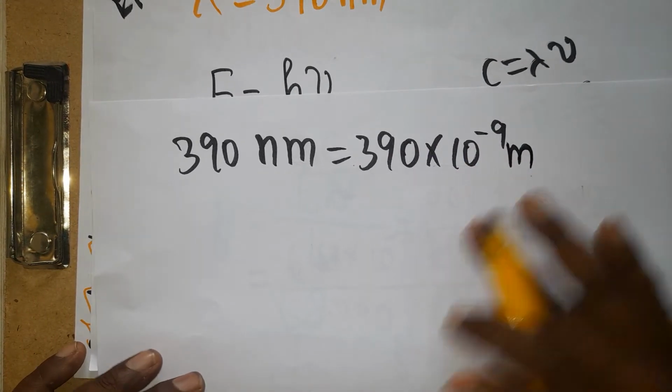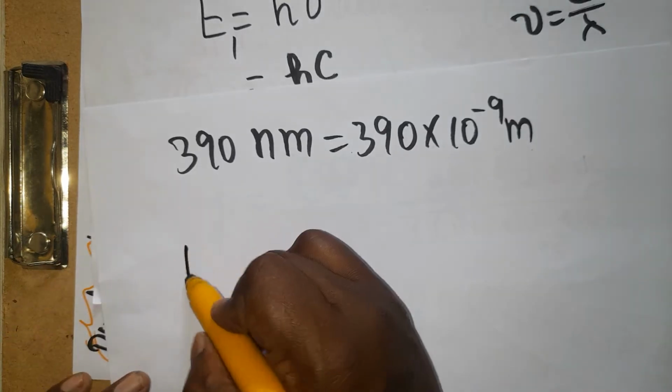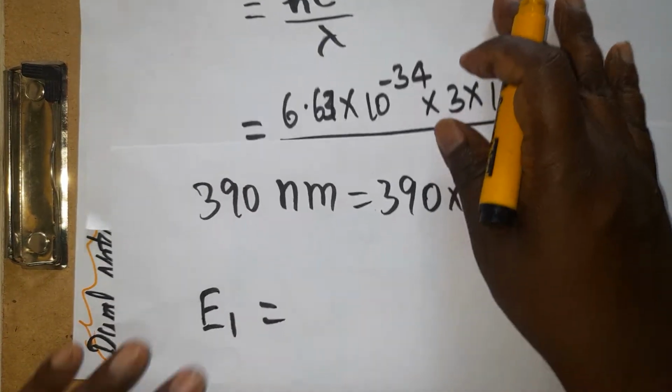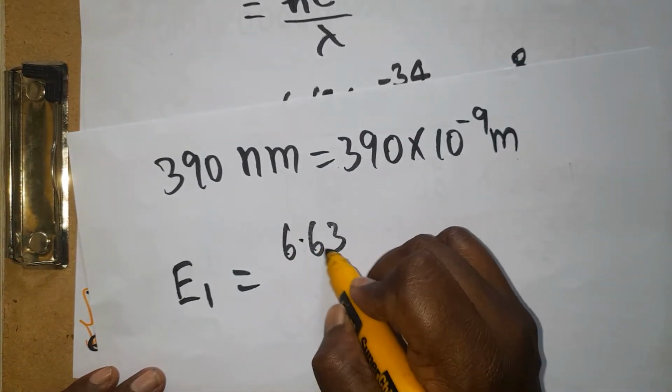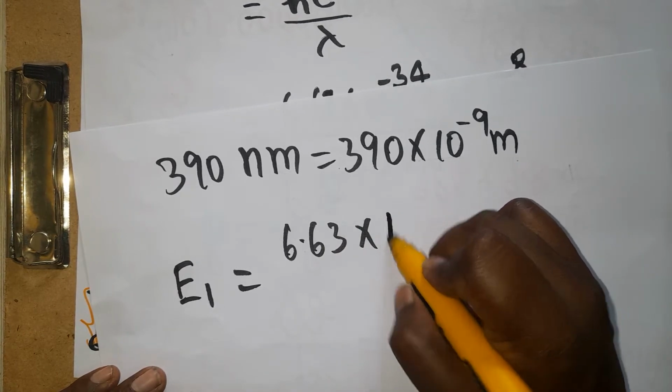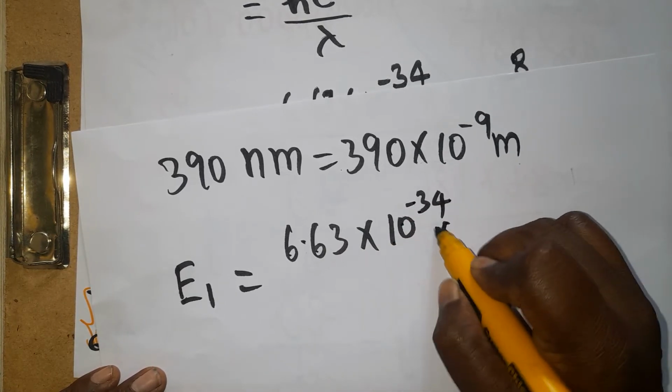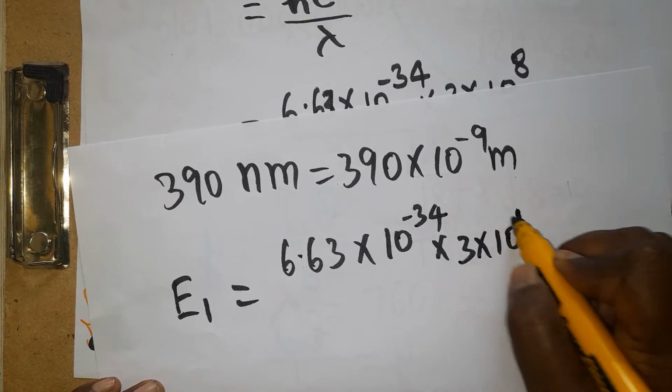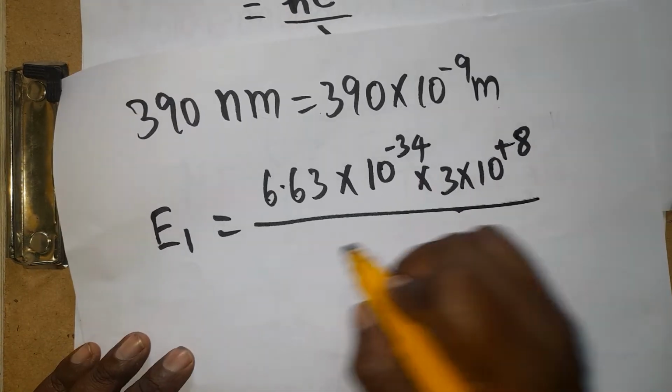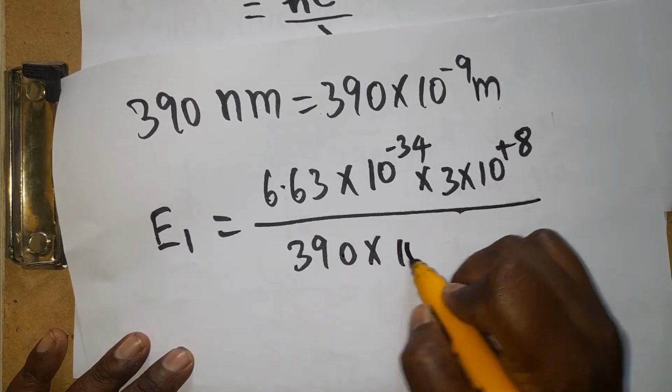Now we have to do the problem. Energy 1: in the numerator, Planck constant 6.63 into 10 power minus 34, into 3 into 10 power plus 8, which is the C value. In the denominator, 390 into 10 power minus 9.